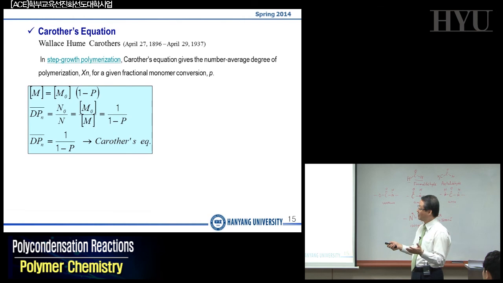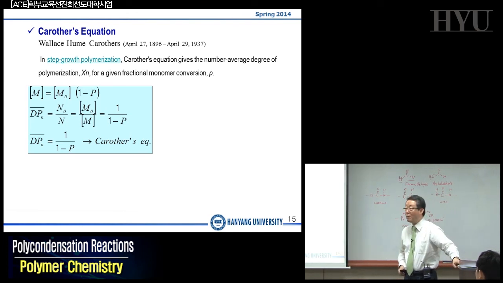So M is equal to M0 times 1 minus p could be replaced in the denominator, and it will be 1 over 1 minus p. So DPn is simply 1 over 1 minus p.